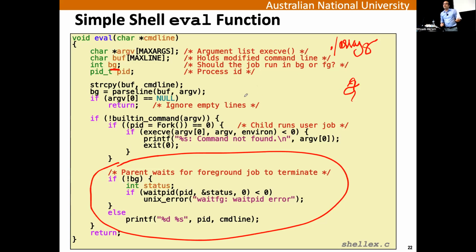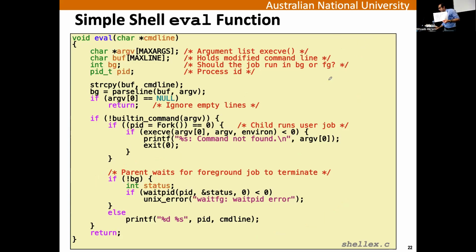Running in the background means you actually get the prompt and you can type something else while the program runs in the background. Foreground means that you cannot do anything with the shell until the program terminates. So if you just type ./array, the shell is not available for reading new commands.